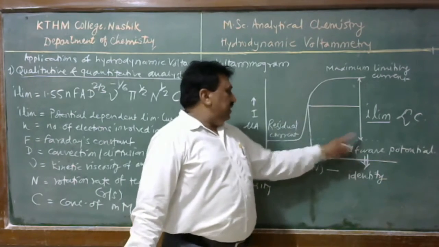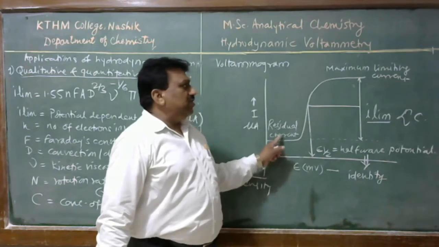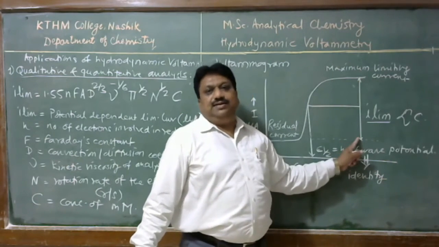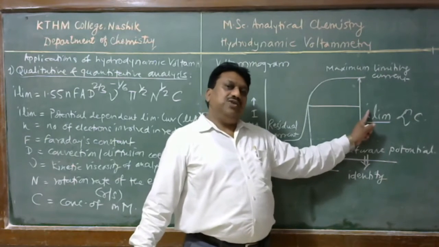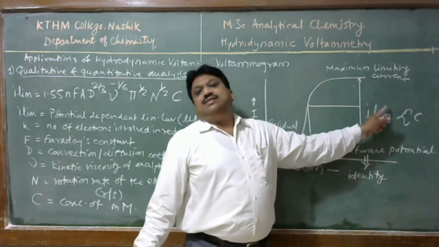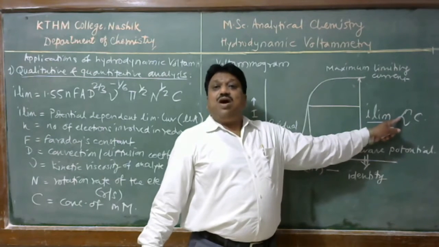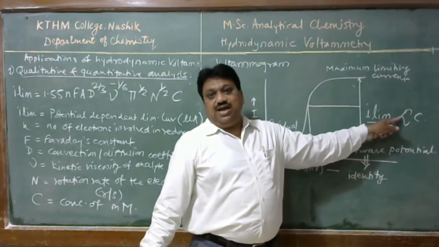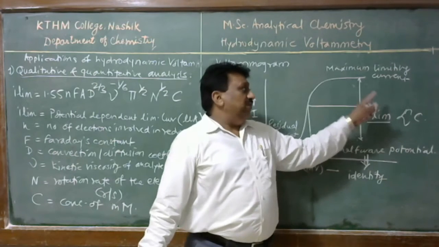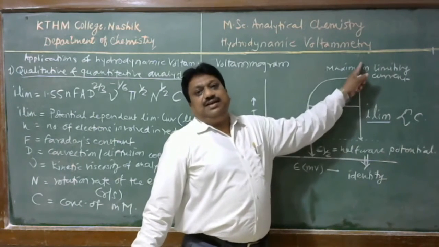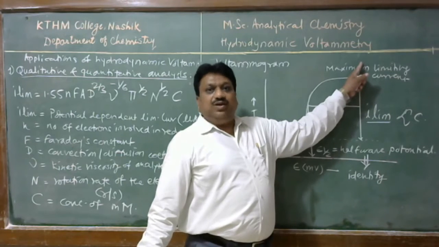Here, when we subtract the residual current from the maximum limiting current, we get the limiting current. This limiting current is directly proportional to the concentration of analyte that undergoes either oxidation or reduction at the working electrode. When oxidation takes place, this limiting current is an oxidation current or anodic current.